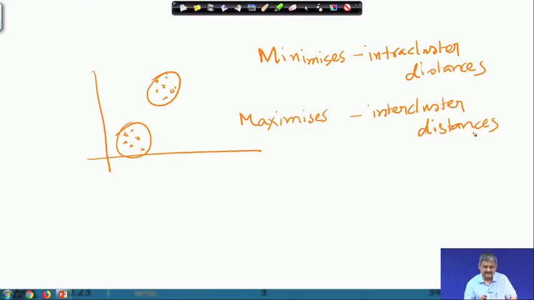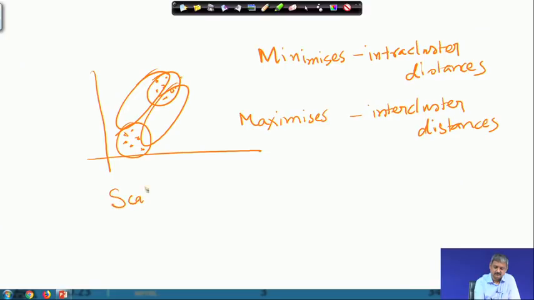In fact, there is a measure of how good the clustering is, which will prefer these two clusters instead of this, called the scatter coefficient. Scatter coefficient. This is a very important term.